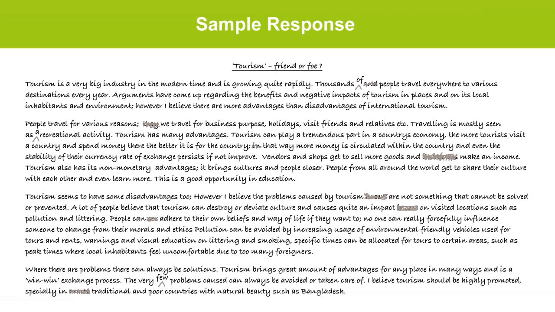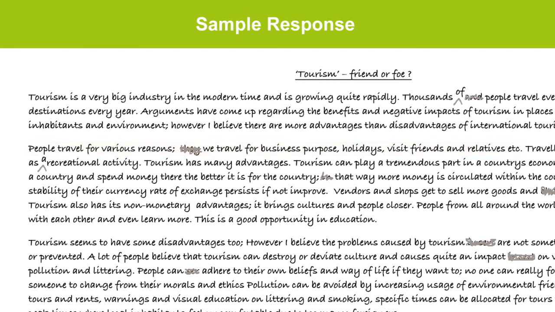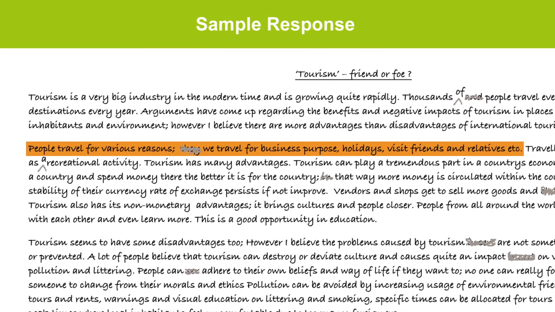Moving on to grammatical range and accuracy. Generally, this answer has a good range of sentence structures which are used correctly most of the time. There are minor mistakes, such as in the first line of the second paragraph.